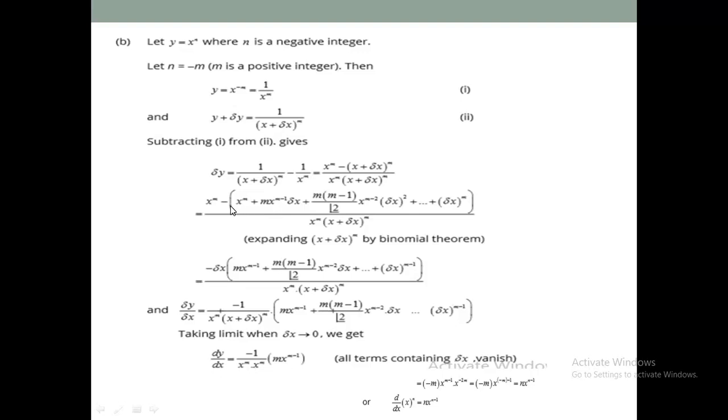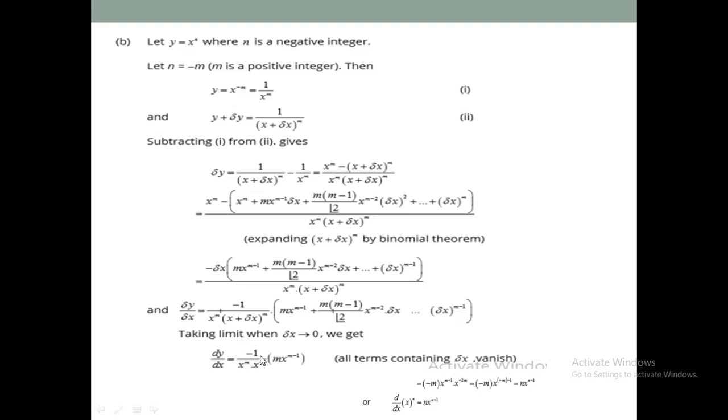And the coefficients, here we have coefficient 1, here m, then m into m minus 1 over 2 factorial, and then we open the bracket, x to the m cancels with x to the m, taking delta x common, this delta x cancels with the delta x we divide by, and then taking the limit, delta x tends to 0, all these values are 0 except this value m x to the m minus 1, and in the denominator we have x to the m and x to the m.